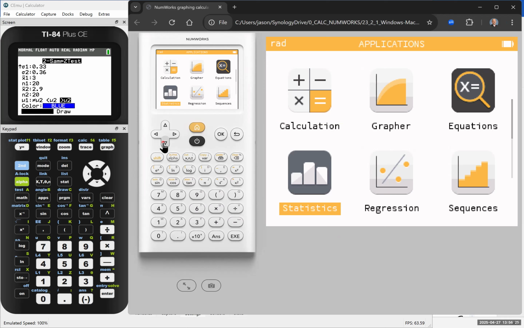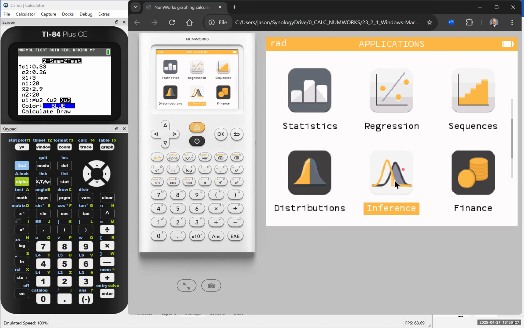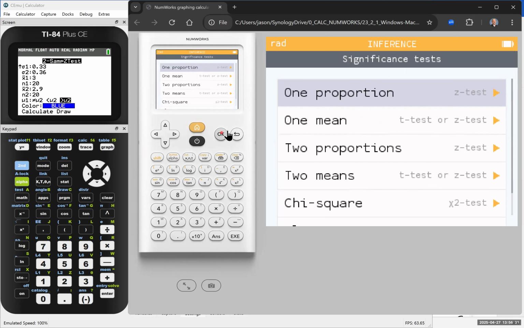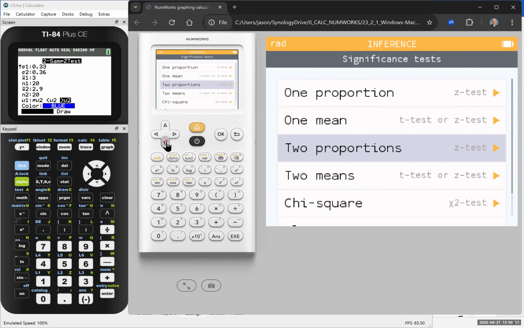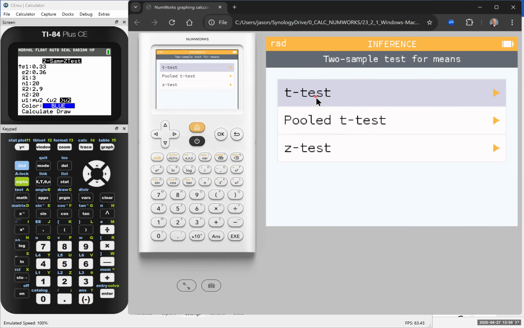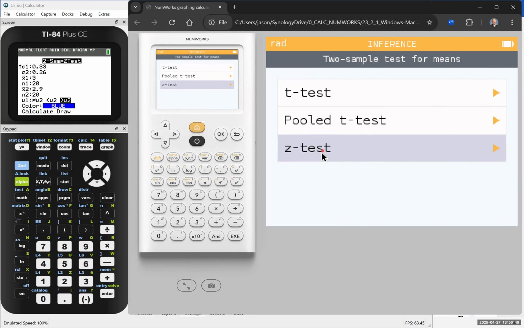All right, so what we want to do is go to the inference app because we're doing inferential statistics. Inference app. We want to do a test. Now we're doing a test of 2 means. Because we're doing a normal distribution, because the population standard deviations are known, we're going to do a z-test.